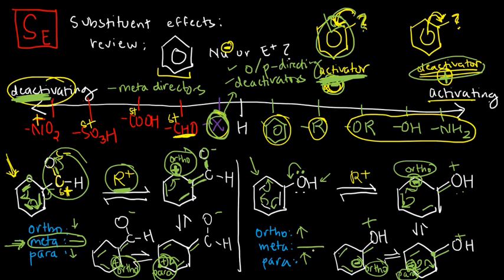So now the tables have turned. Now, my R has more possibility to go to the negative carbons. When I say negative, I mean the carbons of higher electron density, which are none other than these two positions. And yes, two, meaning some of them go to the ortho, some of them go to the para. Very little would go to the meta. If there is any, it would be minimal.